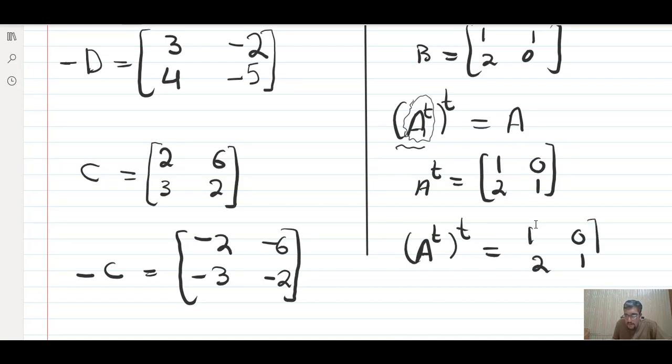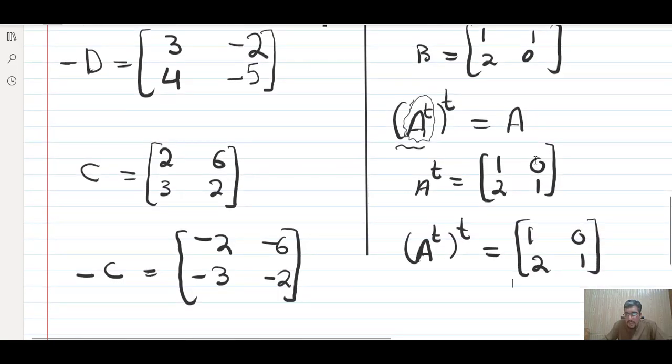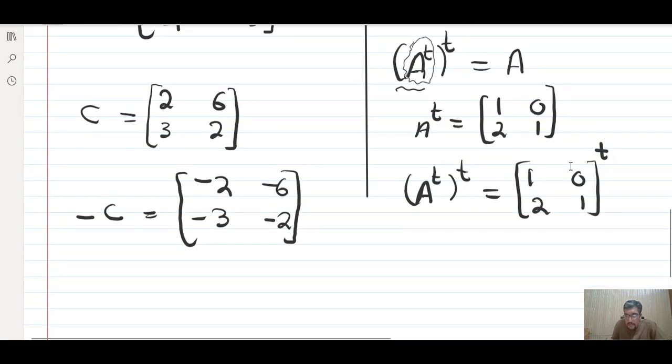So A transpose of transpose is equal to 1 0 2 1.